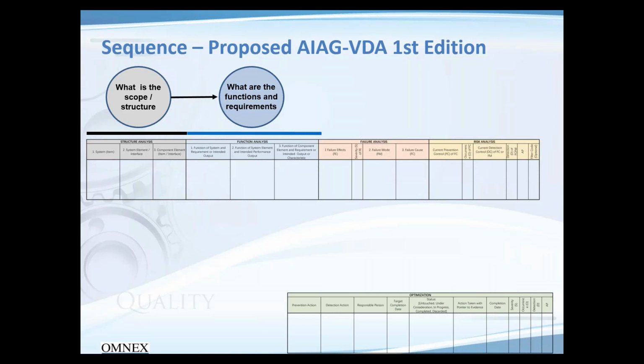So this sequencing is going to be captured so that if I have a component, I have to have some understanding of how that component's used in the subsystem, and then how that functioning subsystem that my component's involved with affects the overall system.